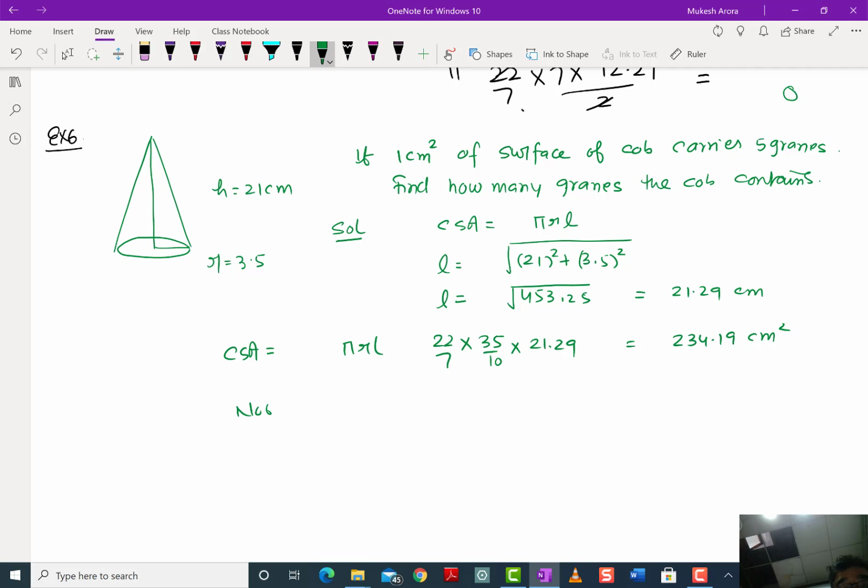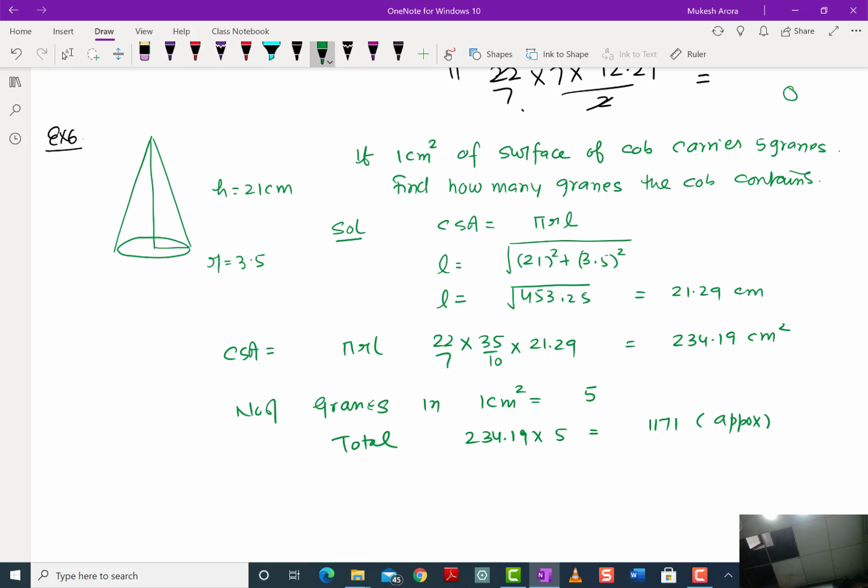Number of grains in 1 centimeter square is equal to 5, so total will be 234.19 into 5, it will be 1171 approximately.